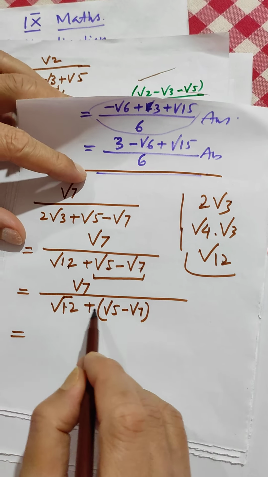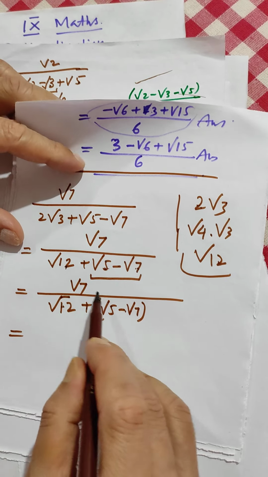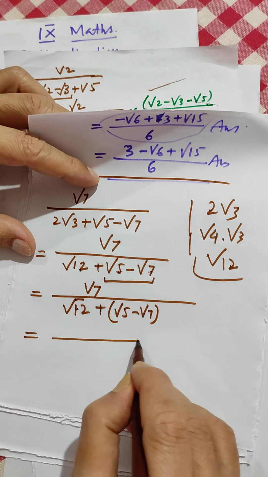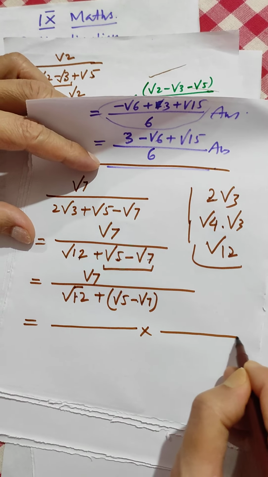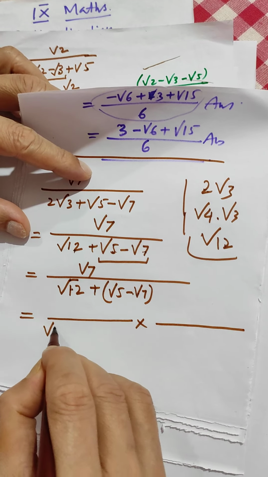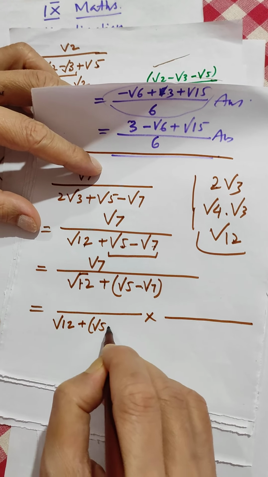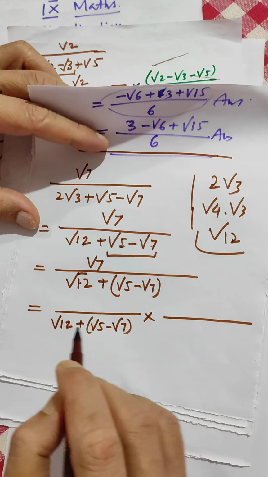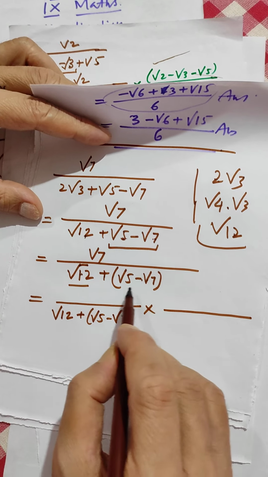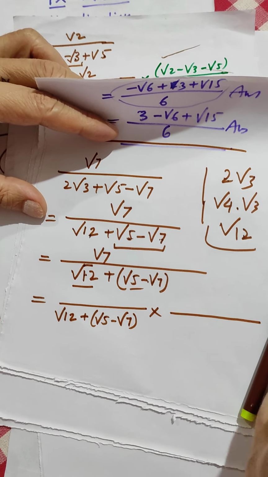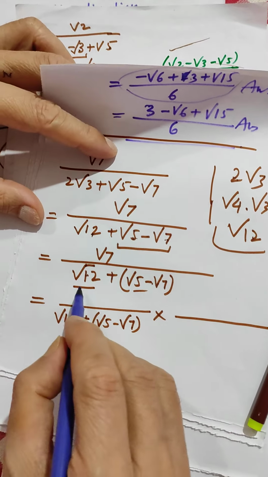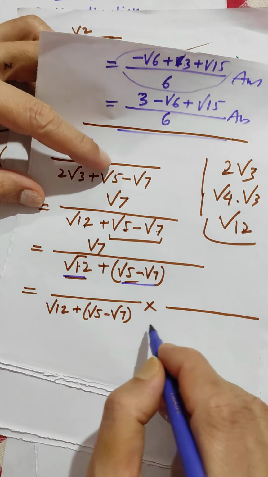Alright. So a plus b, this is b, a plus b, so you have to multiply by a minus b. So what is the denominator? Root 12 plus root 5 minus root 7. Alright. This is a, this is b. So a plus b we multiply by a minus b.